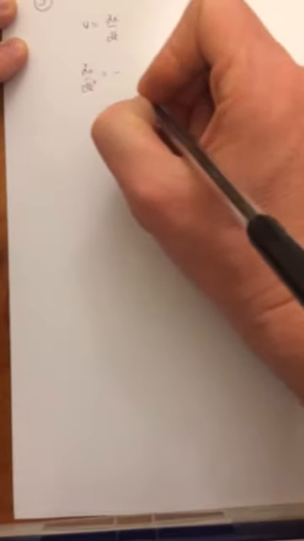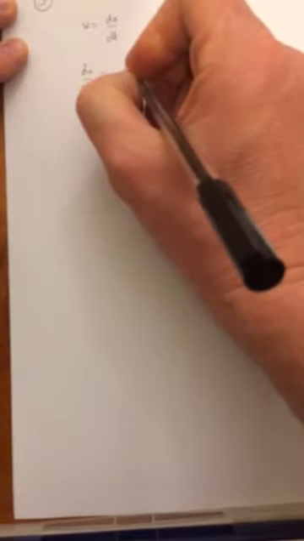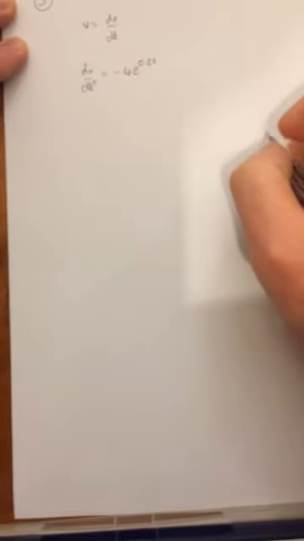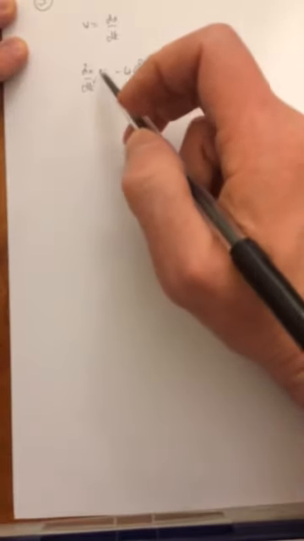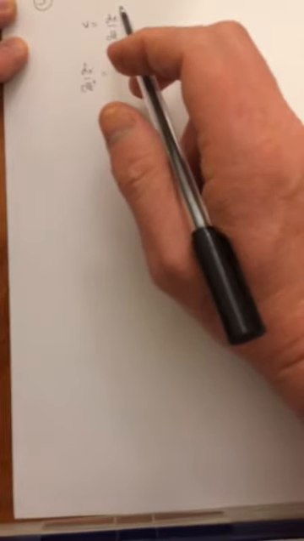That's d2x by dt squared actually equals minus 4e to the 0.2t. Yeah, that was me not reading the question properly really. So it says acceleration, which is why this is d2x by dt squared rather than dx by dt. So I just thought it was going to be another velocity question, but it weren't.